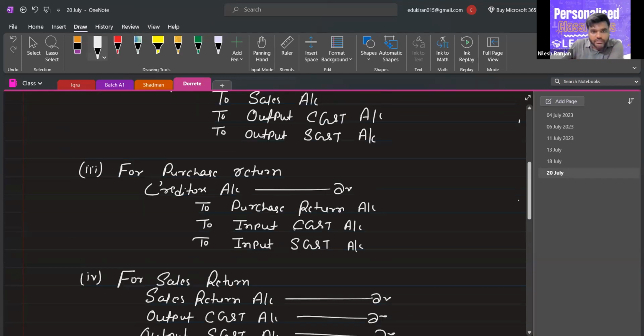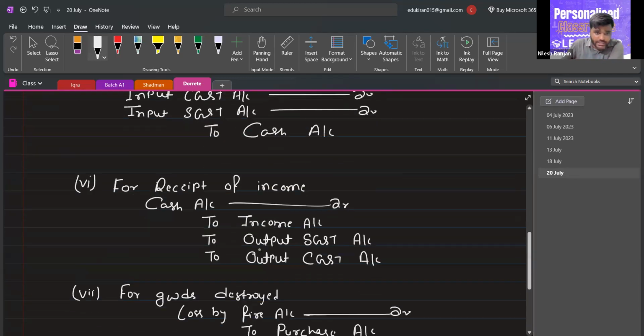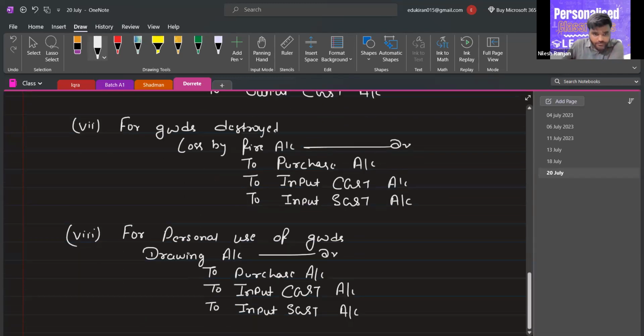Like in purchase return, CGST input is decreased, so it is on the credit side. In case of loss by fire, input is written on the credit side. So when our input increases, it is on the debit side, and when our input decreases, it is on the credit side.